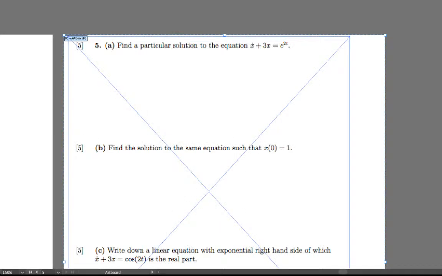Find a particular solution to the equation x dot plus 3x equals e to the power of 2t. Okay.